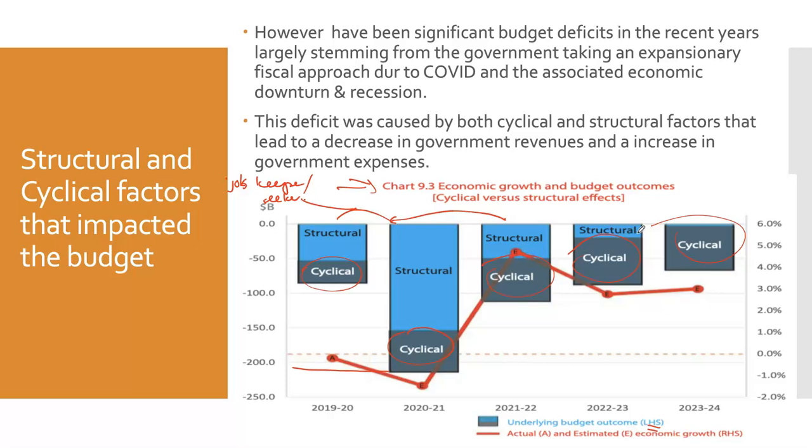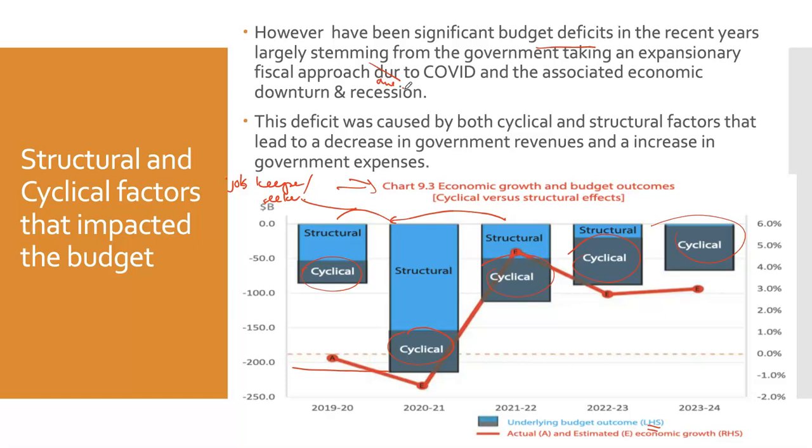So what if we're to summarize it? There have been significant budget deficits in recent years, largely stemming from the government taking an expansionary fiscal approach due to COVID and the associated recession.